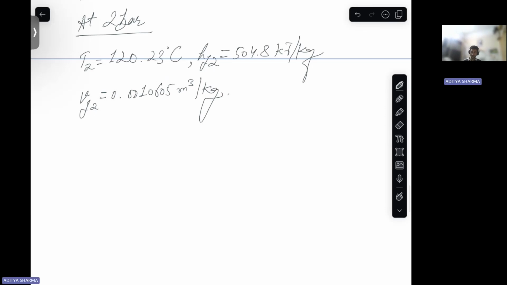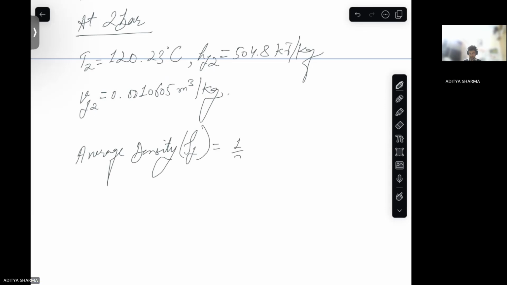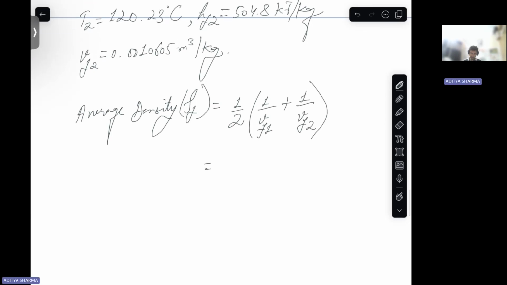then first is the average density. Average density rho f will be equal to half of 1 by vf1 plus 1 by vf2. Now if you calculate this, please calculate this.